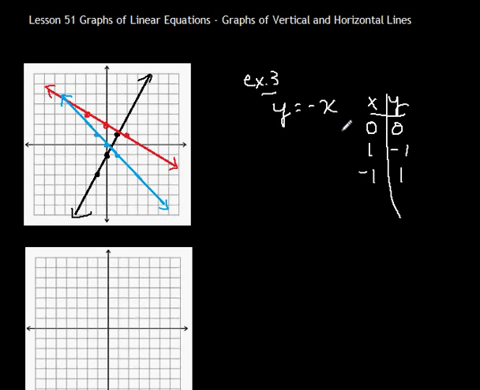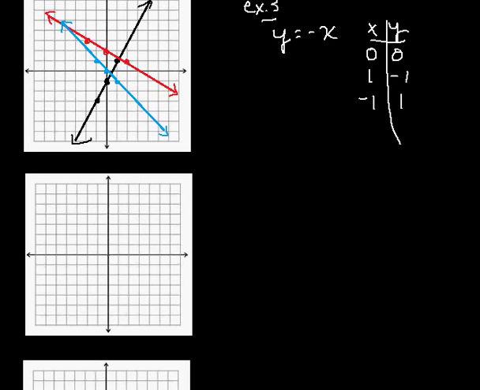This is a little bit different. So, you notice that the lesson is graphs of linear equations and graphs of vertical and horizontal lines. We're going to be getting into lines like this one. Let me put a line on here. Say you had a line like this. See how it goes straight up and down?